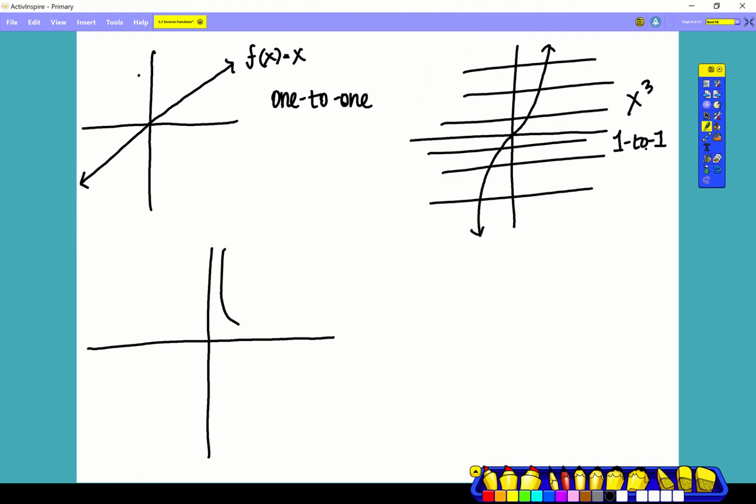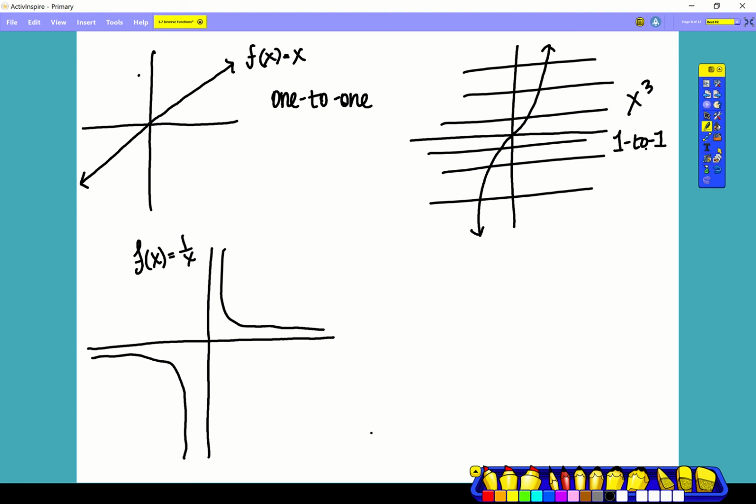That will be this guy. So this one, it's one-to-one. It would have an inverse over the entire domain.